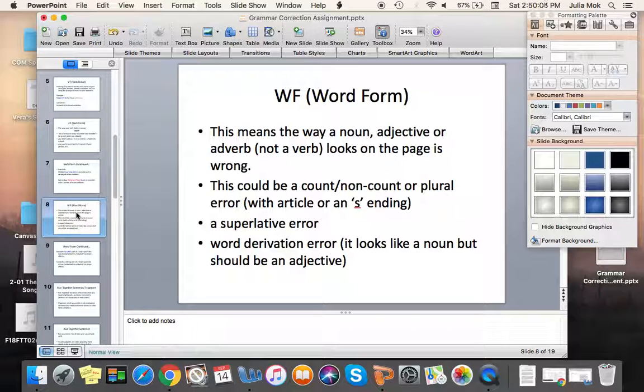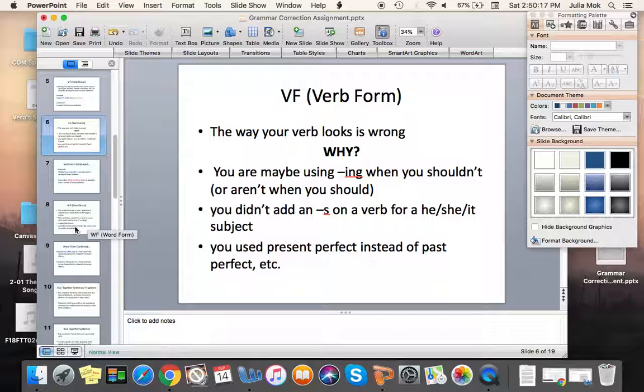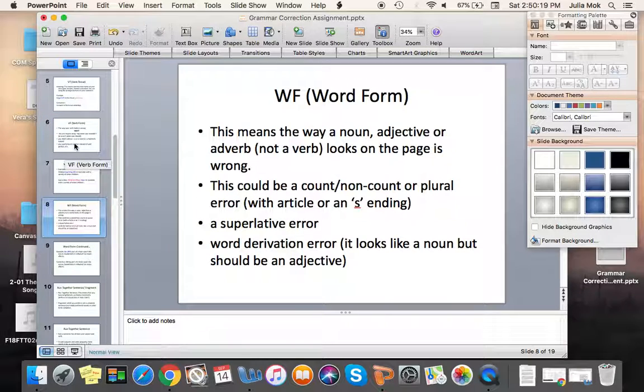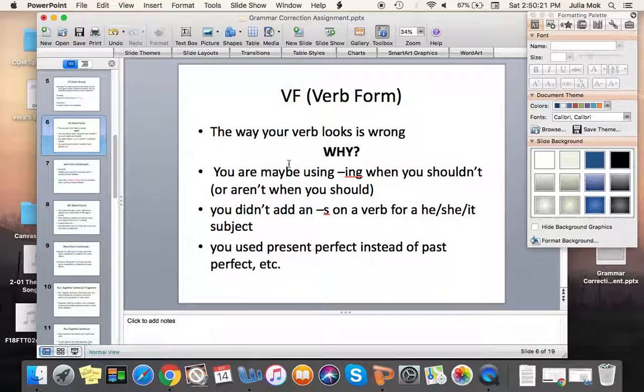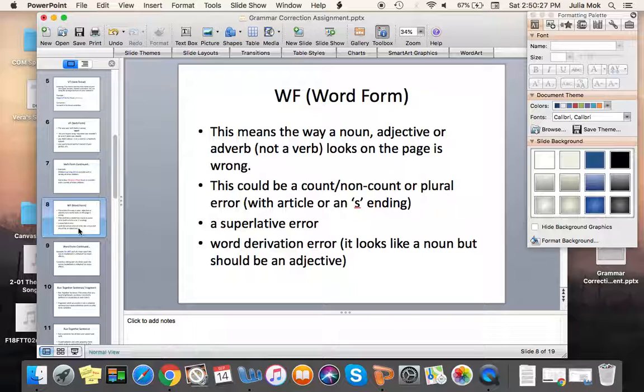So this type of error means the way a noun, an adjective, or an adverb, not a verb, looks on the page is wrong. So the only difference between a verb form error and a word form error is that a verb form error is always with a verb. A word form error means that it's with something other than a verb.